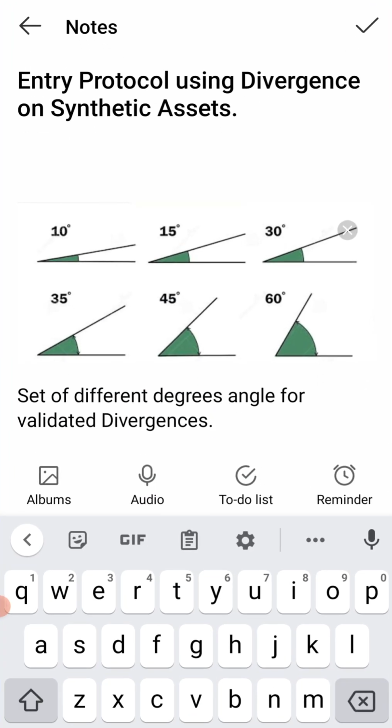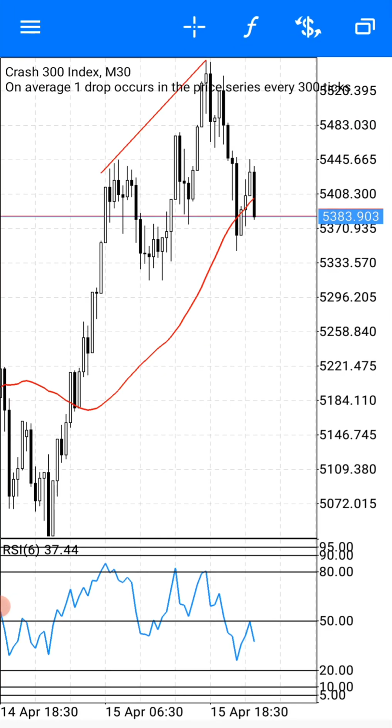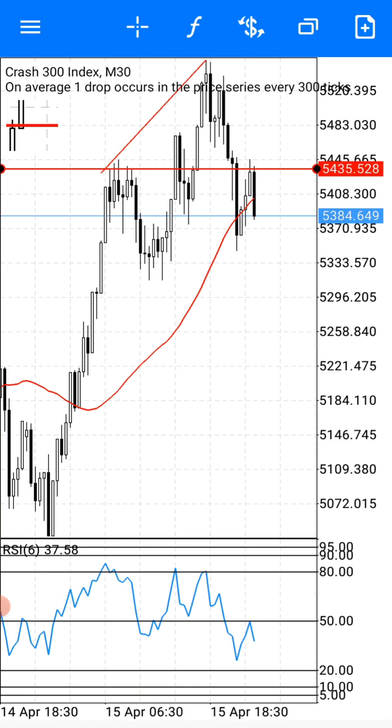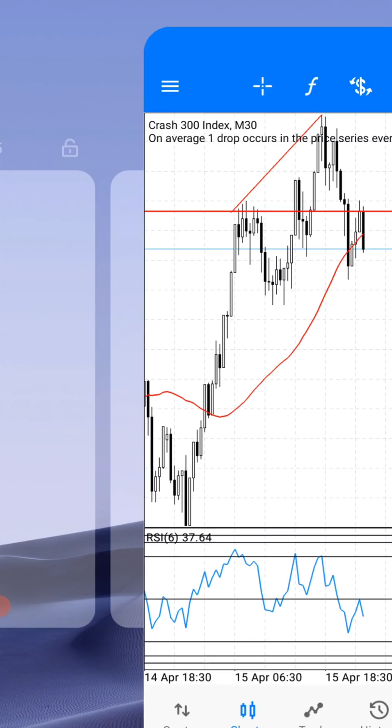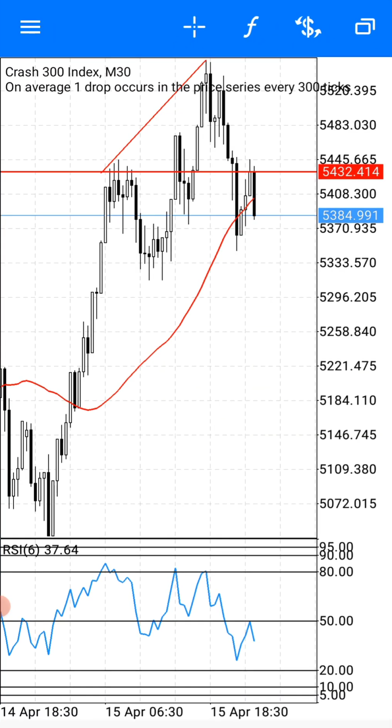Okay, so let's try to measure it. Let's see if we can measure it. So this is where it laps. Okay, so let's find that angle. What will be that angle? I think that will go for 45 degrees. Okay, so that will go for 45 degrees.